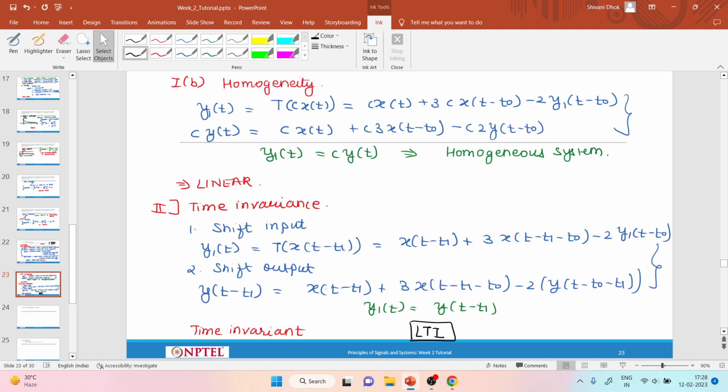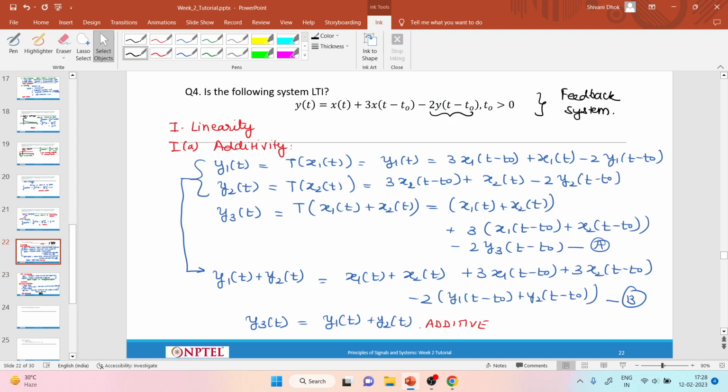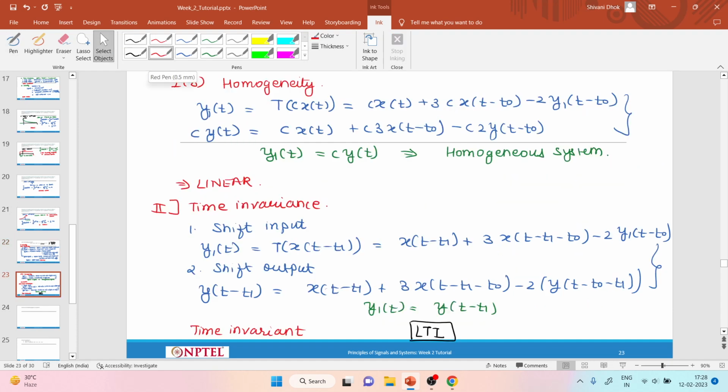But in the second, when we shift the output, we are getting minus 2 y of t minus t0 minus t1. When I'm shifting my output, I'll replace all the t that are in this equation by t minus t1. But when we are shifting only the input, the two equations are not the same. No, wait.